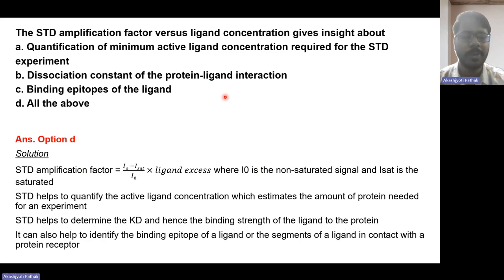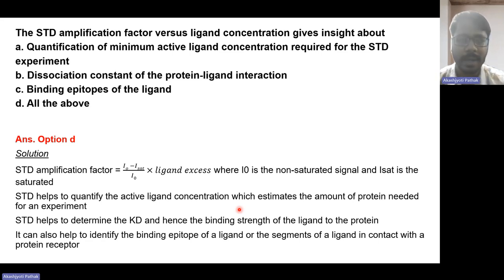You can get different information. The first information you can get is the active ligand concentration, so how much protein is required for the experiment. That you can get once you get the active ligand concentration. It also helps us to determine the KD value; the dissociation constant you can also get from the STD experiment.